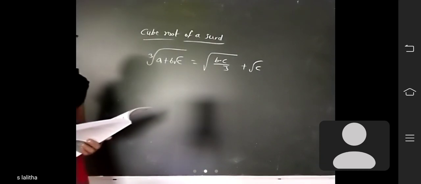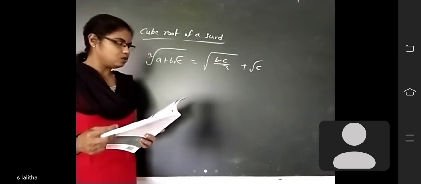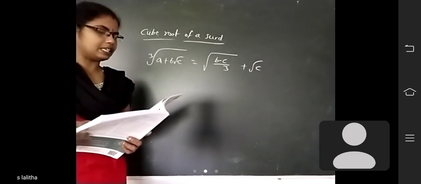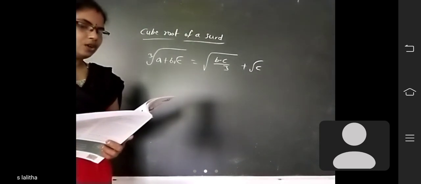Okay, next one, note. (a plus root b) whole power x square minus k plus (a minus root b) whole power x square minus k is equal to 2a.